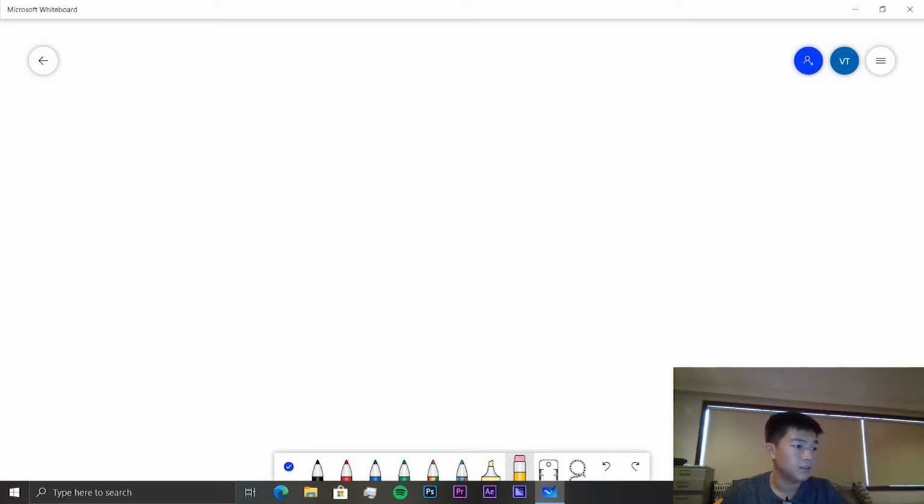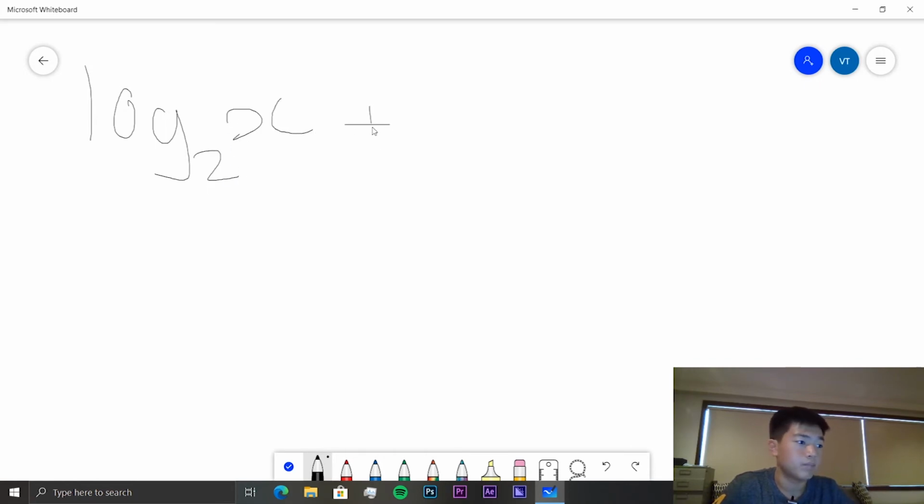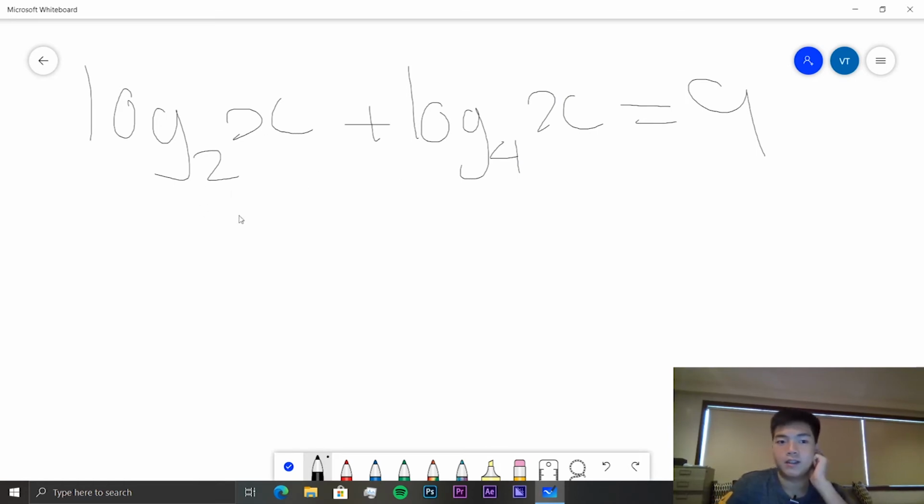Next, we need to solve the equation log_2 x plus log_4 x is equal to 9. And as we saw earlier, we can convert this into log_4 x squared. So we have log_4 x squared plus log_4 x equals 9. So this is 3 log_4 x is equal to 9.